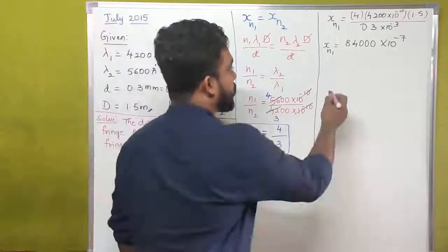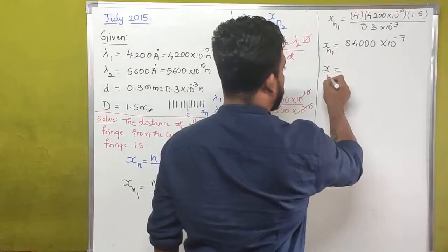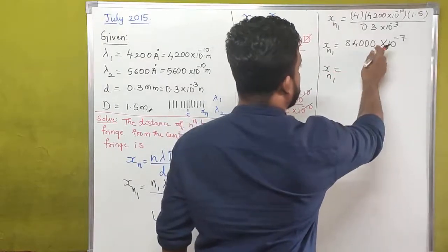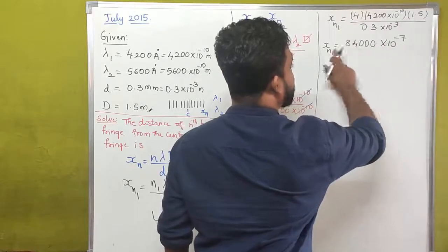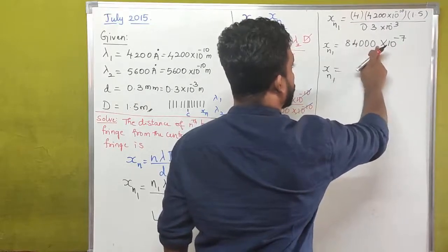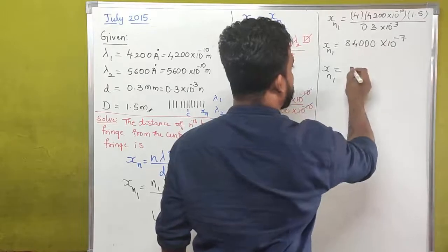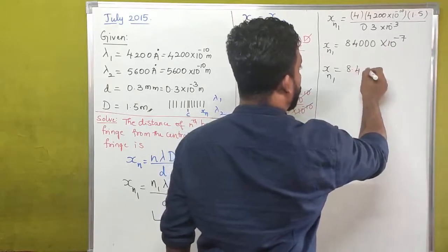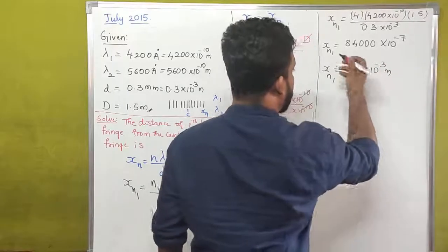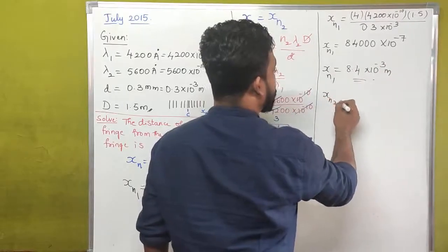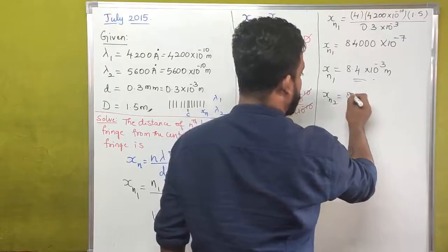But if you want to calculate the number of the fringe, if we shift the power to the left side of the equation, what will we get? 1, 2, 3, 4. That is 8.4 into 10 to the power of minus 3 meter. Actually this is the same as the second fringe position.